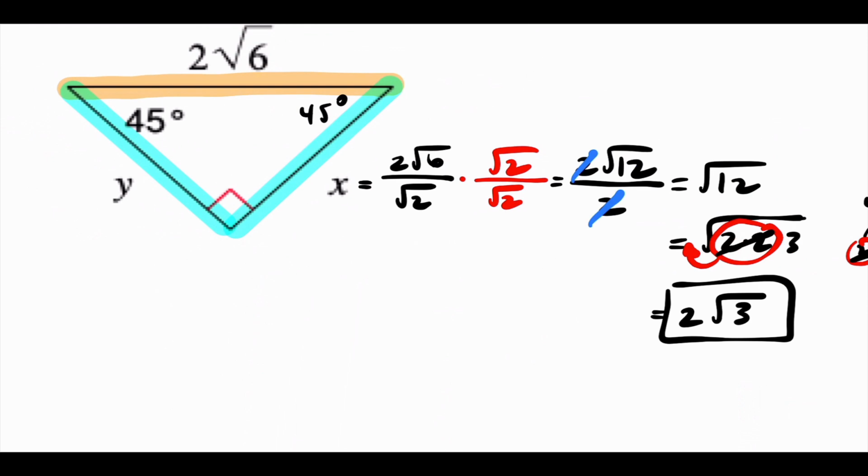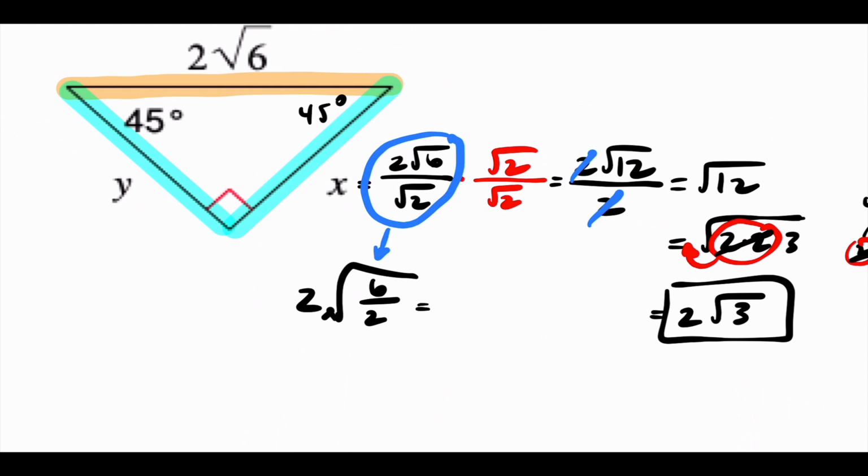Whichever way you want, I don't care which way. One way is shorter than the other. But if you didn't see this, doing it this way would work too, right? You can totally do it this way. You could say, isn't it 2? And then you have square root of 6 divided by 2, which is 2 square root 3.